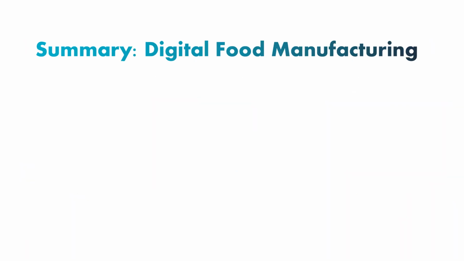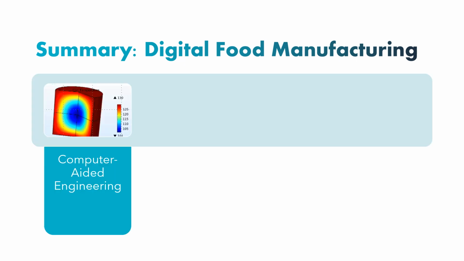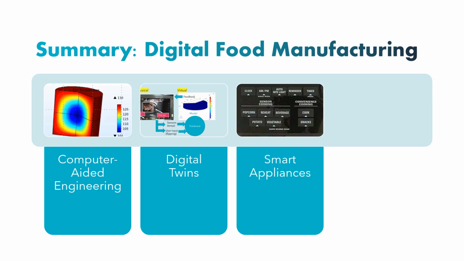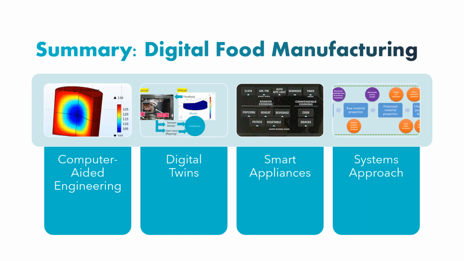To summarize, digital food manufacturing involves many aspects, and we covered four of these. And these are computer aided engineering, digital twins, smart appliances, and systems approach.